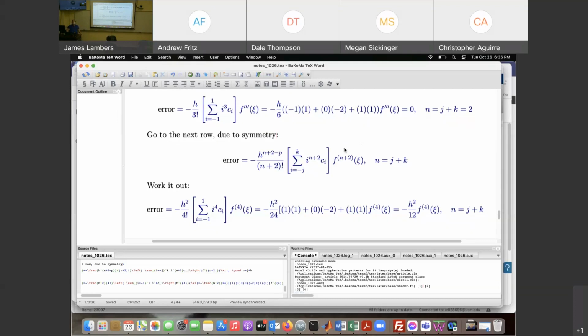For these approximations, would f of x be known, or would we just have a set of points, and then we're approximating f of x first and then approximating the derivative? What I've seen in applications is that you only have the values of f at selected points, like it's defined on a grid.